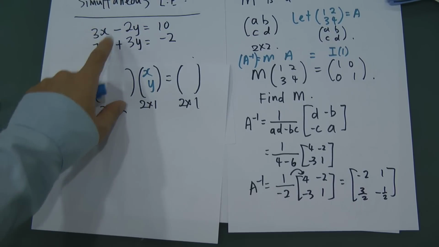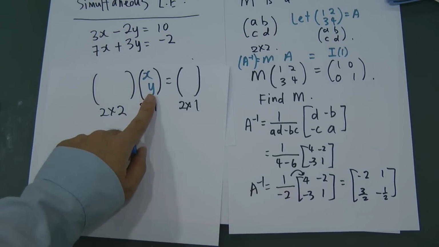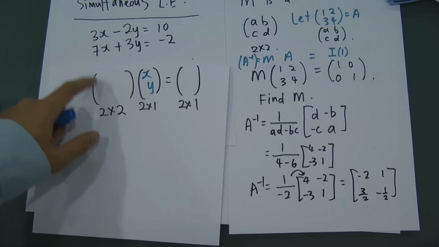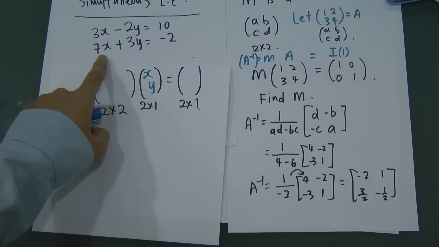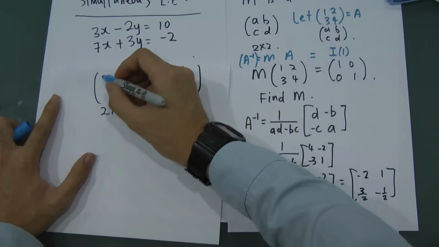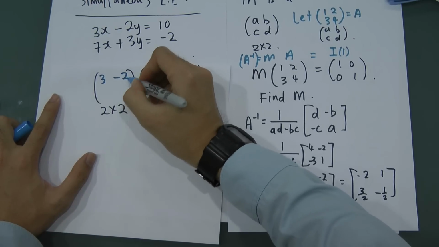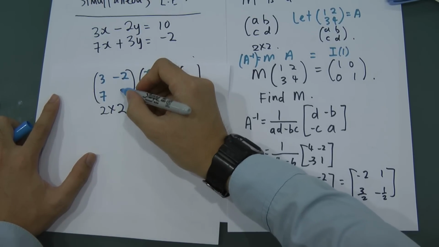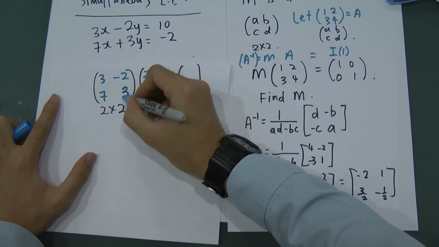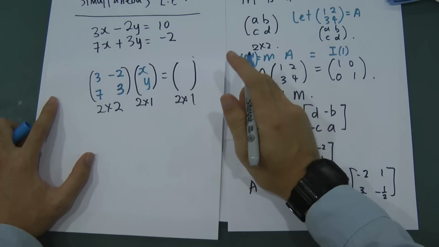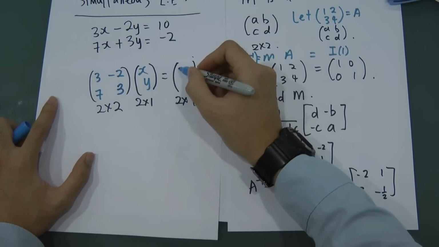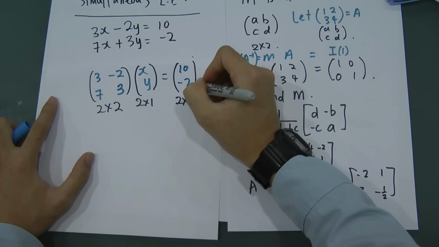If this is u and v, you write u and v. Over here, you write the numbers accordingly. You see 3, negative 2, 7, and 3. So I write 3, negative 2, 7, and 3. And then here you write the answer, 10, negative 2.